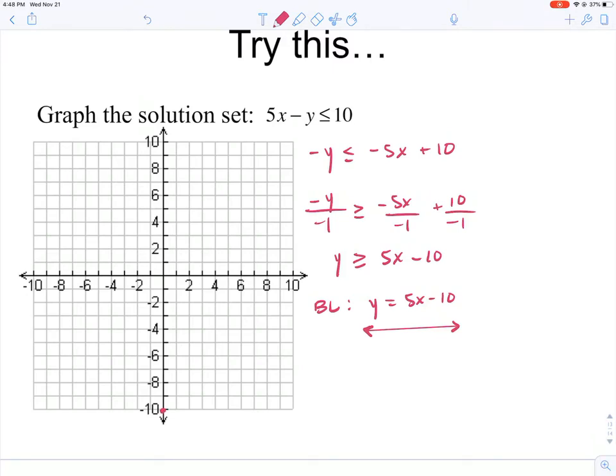So I graph my y-intercept of -10, and then go up 5, right 1, up 5, right 1, up 5, right 1. Okay, and then our shading will be above, since y is greater than or equal to.